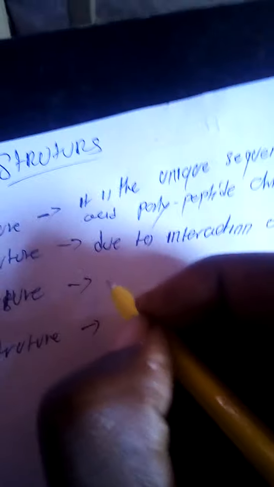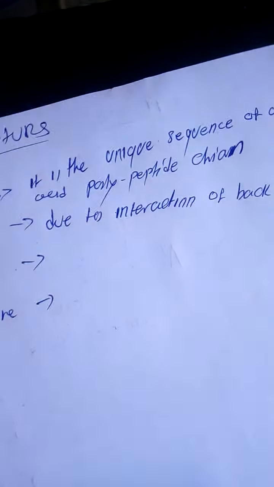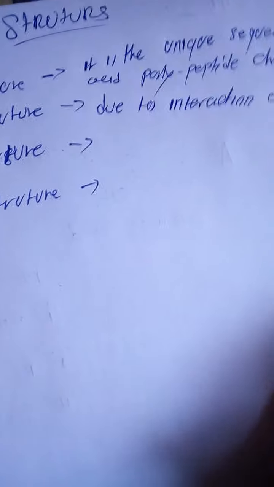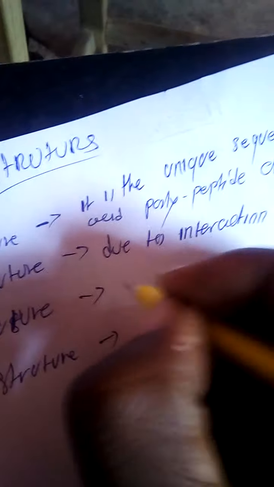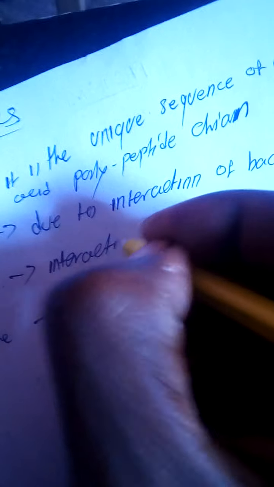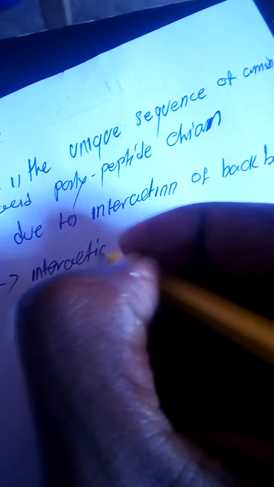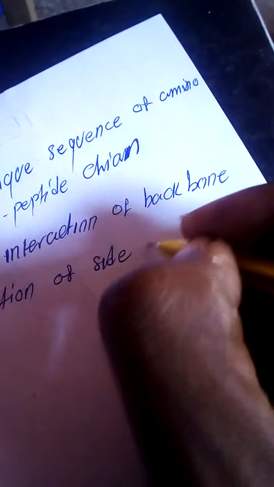Tertiary structure is just due to the interaction of the side chains of amino acids in the polypeptide chain. It's the interaction, how they interact.